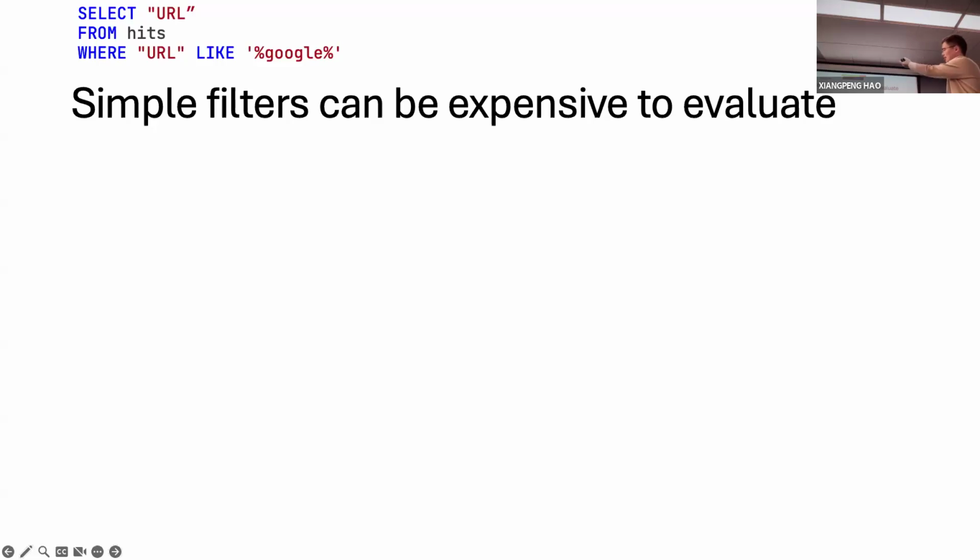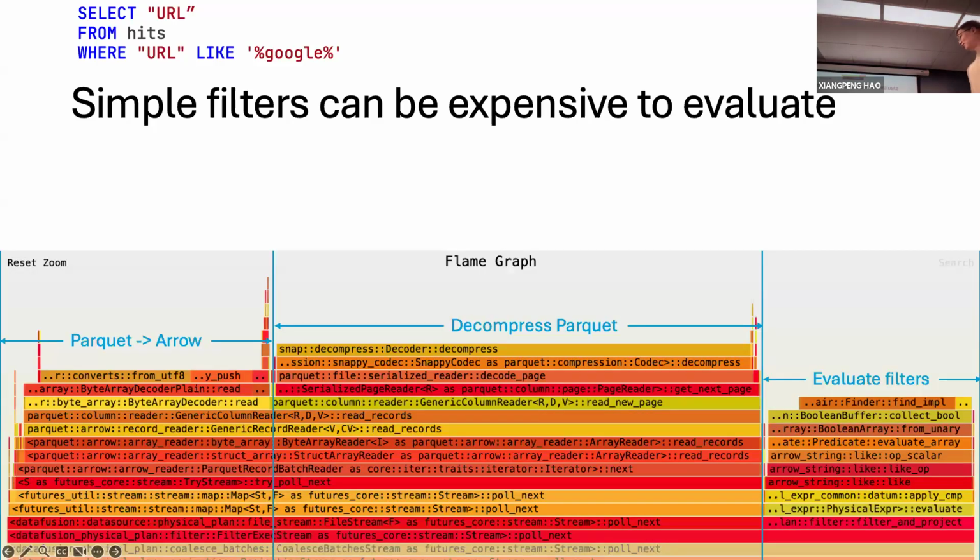For example, let's look at this query on the top left, where we evaluate this innocent-looking filter, which says if URL contains Google. And here's a flame graph. It's a mouthful, but it boils down to three components.